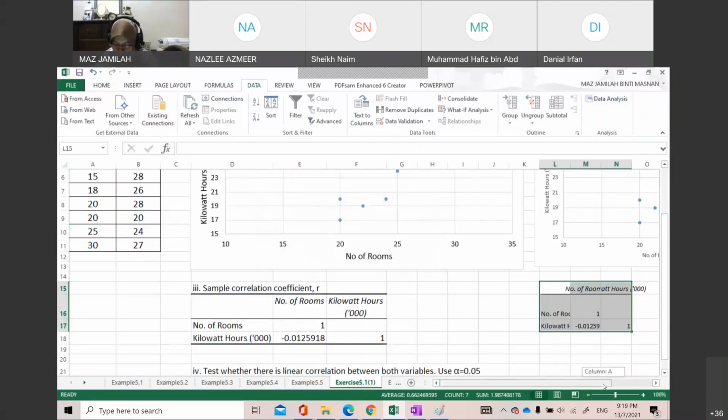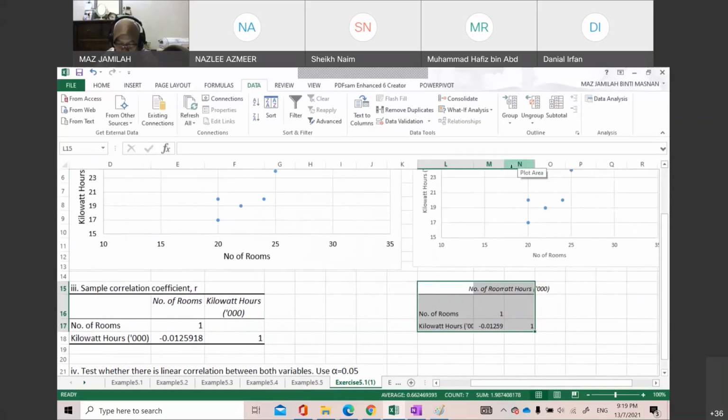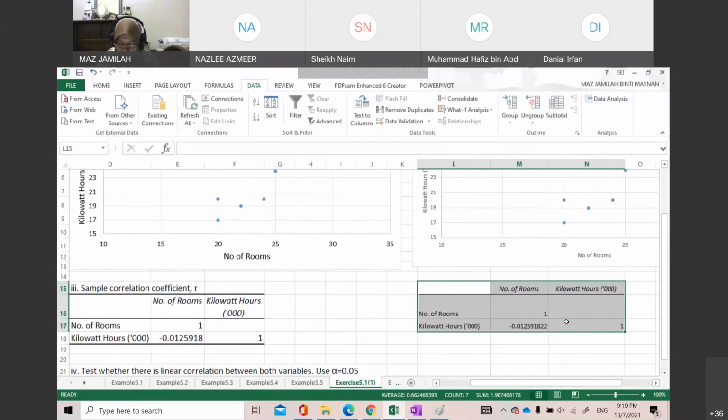Once you get this, you can see that your correlation is negative. So you know that it appears the correlation is in a negative way. Very small, very small negative.